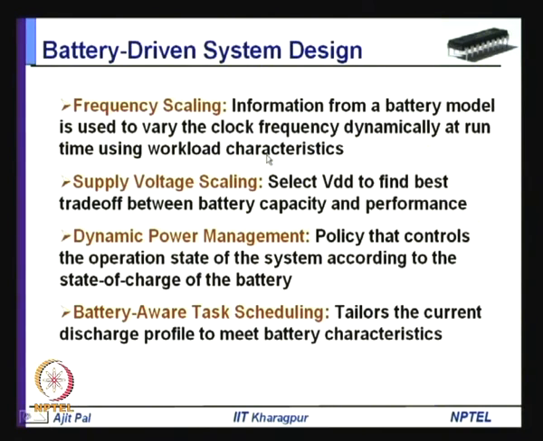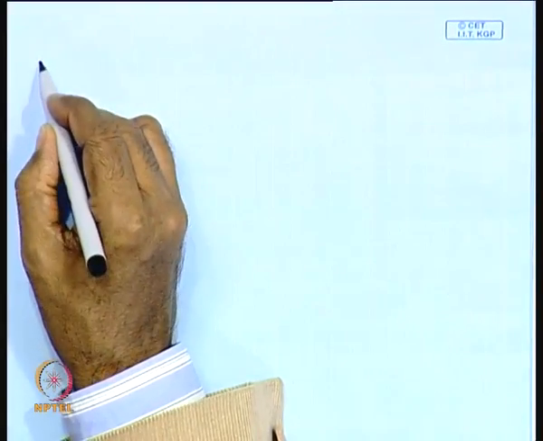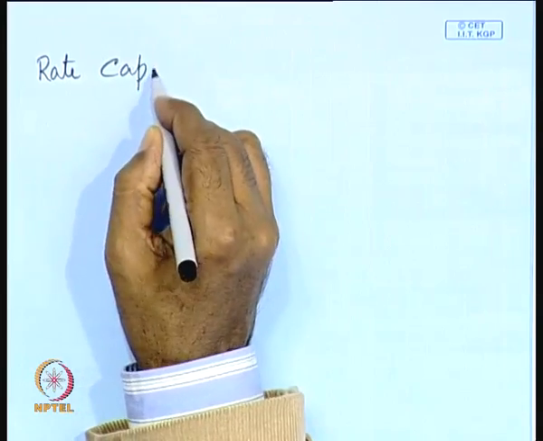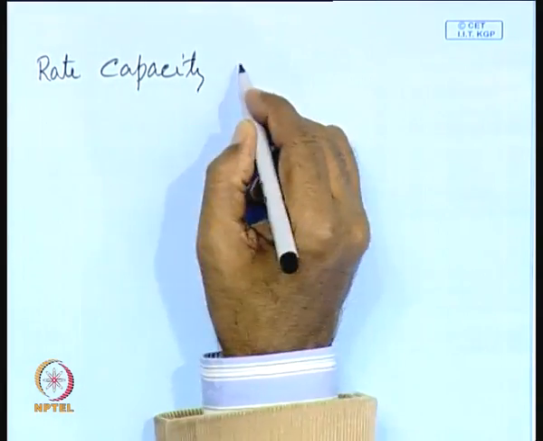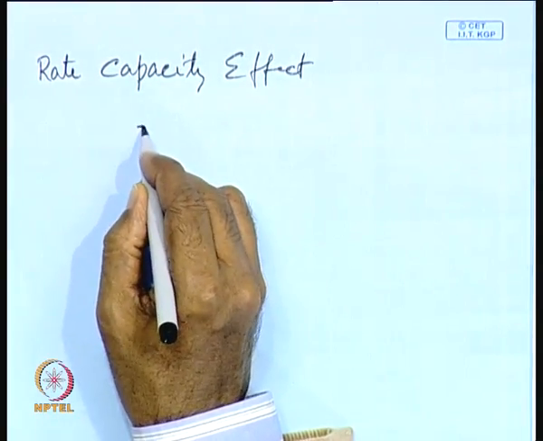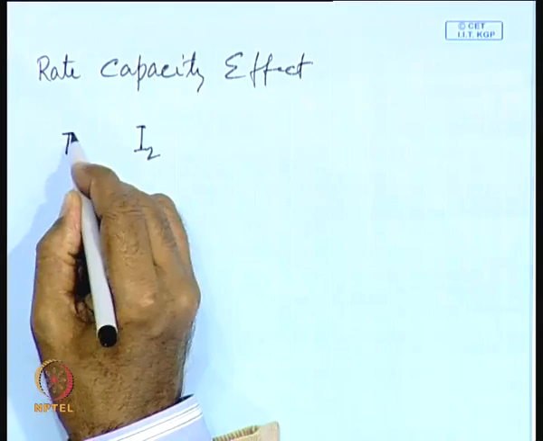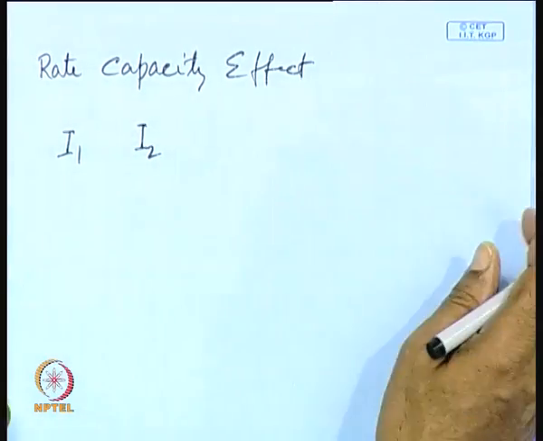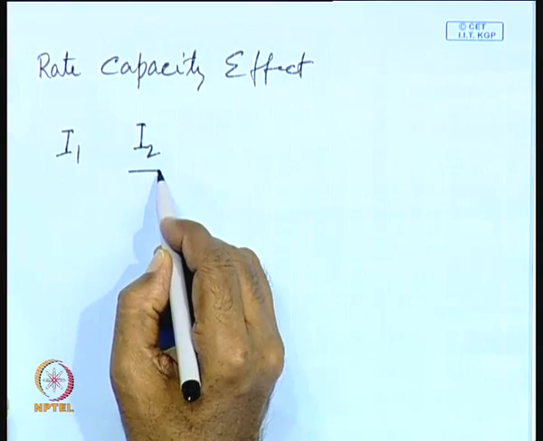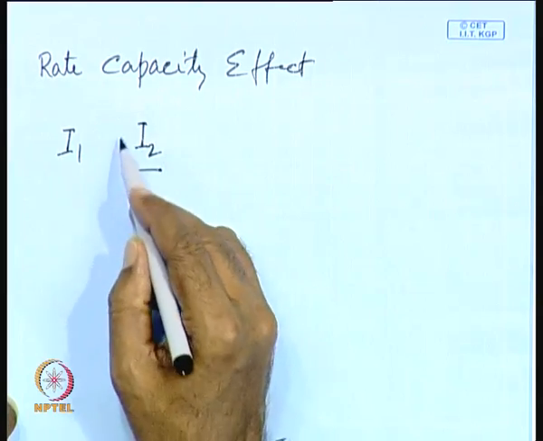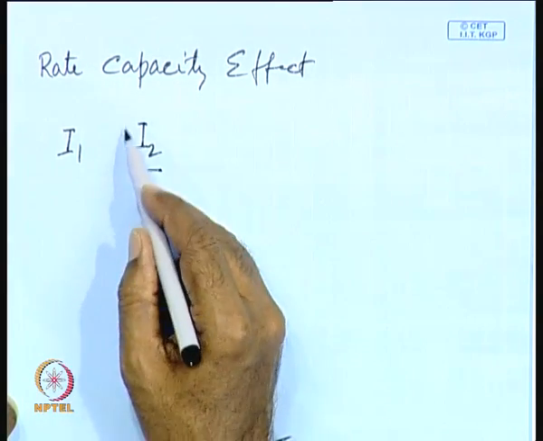We have seen that the rate capacity effect tells you that if you draw a smaller current I 2 compared to I 1, then you get more actual capacity. That means, if you draw at a smaller rate, you get longer life or larger actual capacity. So, how do you really draw smaller current?